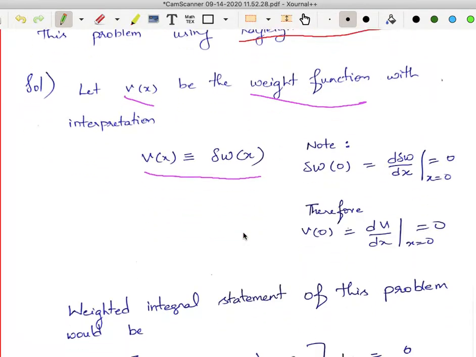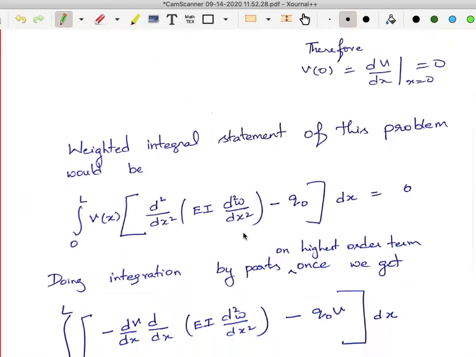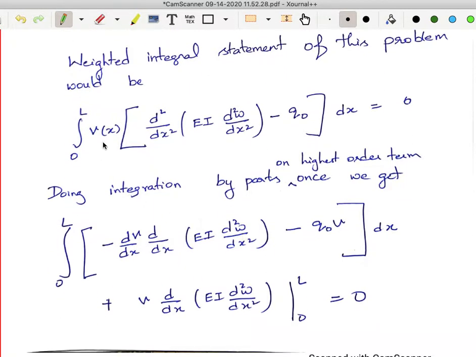So what is the weighted integral statement in this problem? It is simply the integral over the domain. What is the domain? 0 to L is the domain. Integral over the domain of the weight function, in this case V of x, multiplied by the residual. What is the residual?